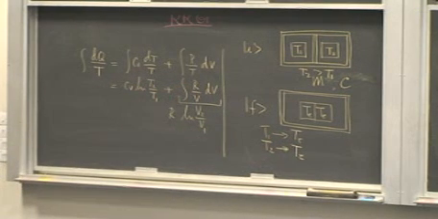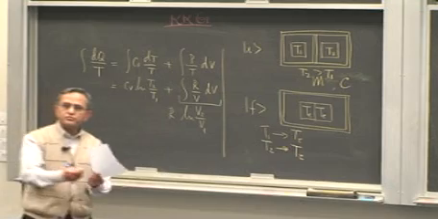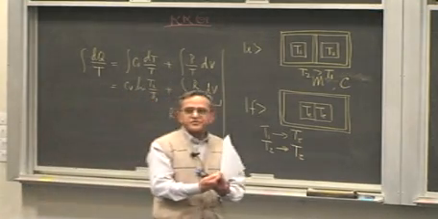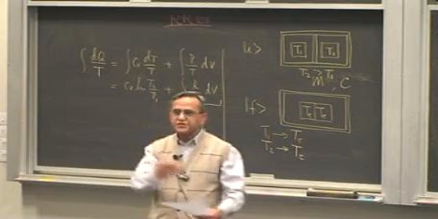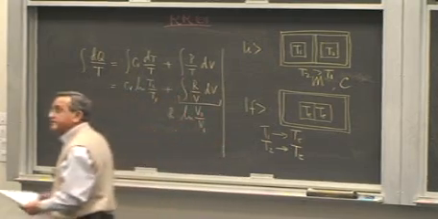And we should try and look at this process, when it happens, when you bring the two together and let them sit with each other, they will certainly exchange temperature very rapidly in some manner.